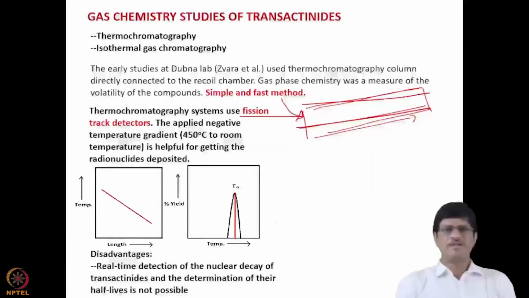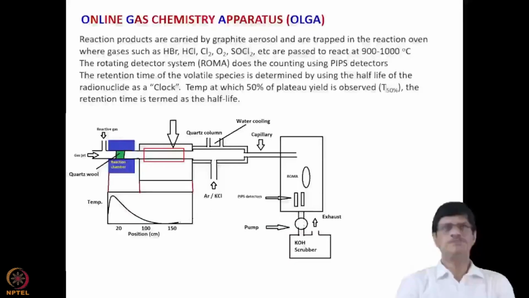Real-time detection of the nuclear decay of the transactinides, as well as their half-life determination, was not possible. So subsequently, the experimentation involved isothermal gas chromatography, which is used in the On-Line Gas chromatography Apparatus, or OLGA.